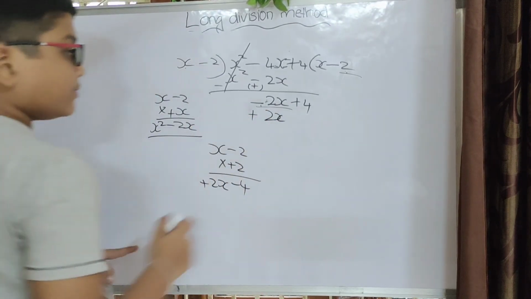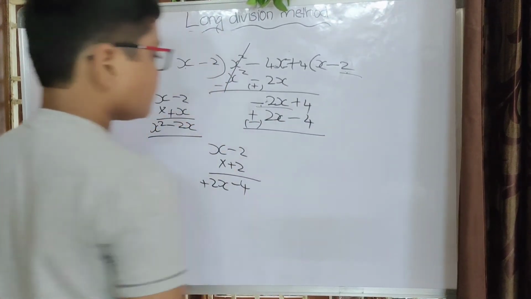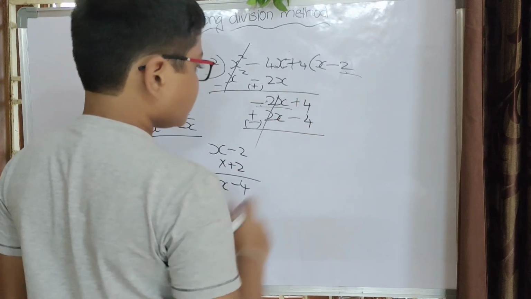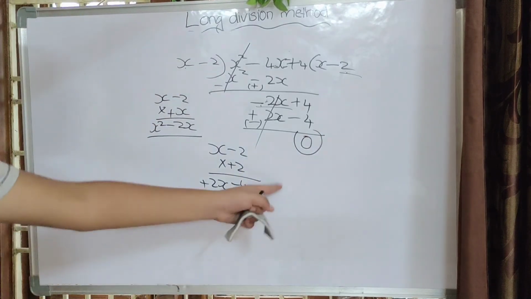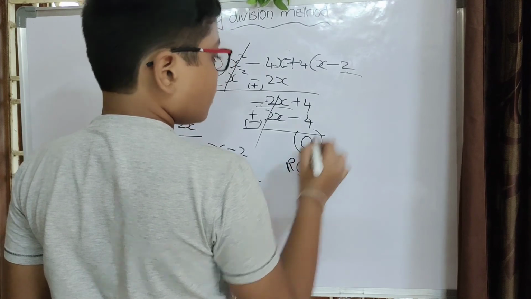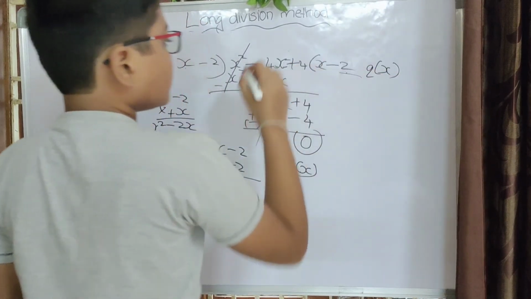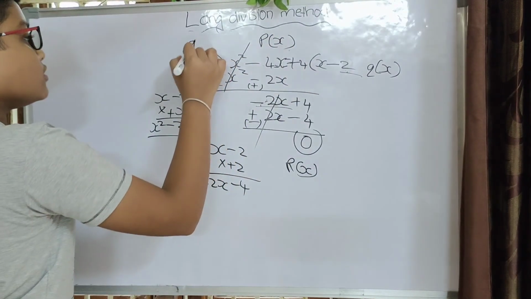Plus 2x minus 4. Now this minus will cancel, plus into minus, answer is 0. This is r of x, this is q of x, this is p of x, this is g of x.